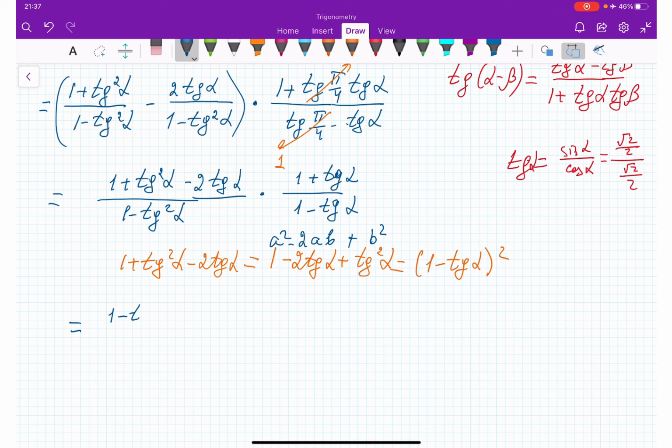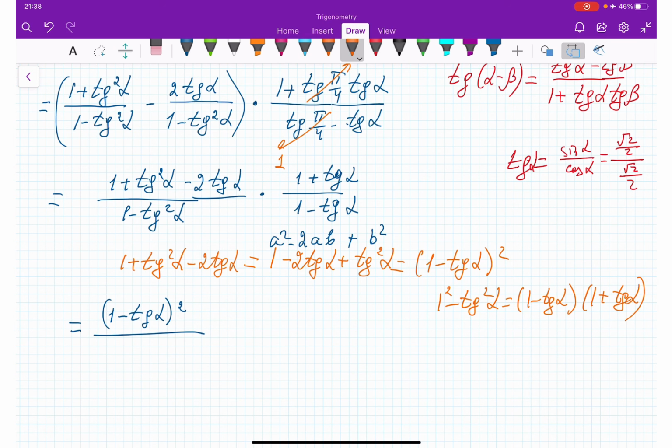Okay, so from here we are going to have 1 minus tangent alpha squared over 1 minus tangent squared alpha in denominator. Let me do drafting here also. 1 minus tangent squared alpha, it's like a squared minus b squared, right? That will be equal 1 minus tangent alpha and 1 plus tangent alpha.